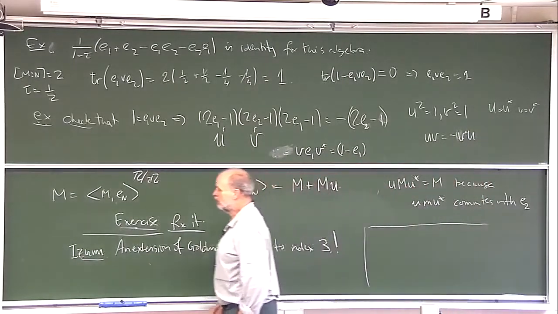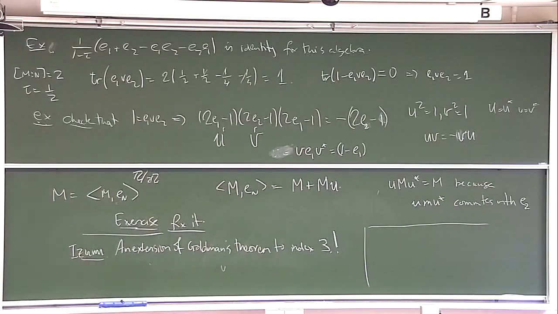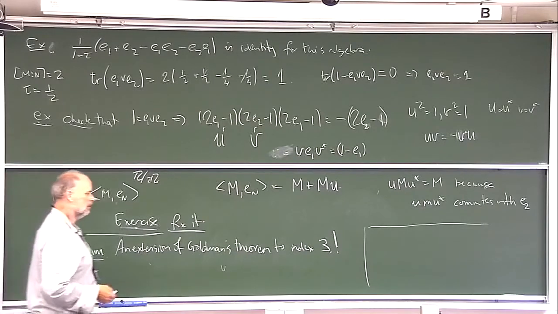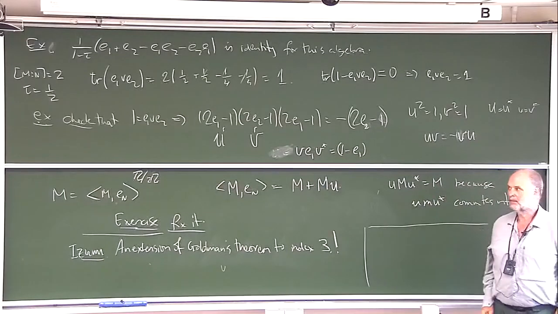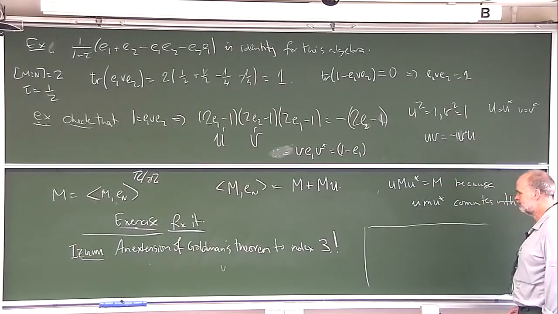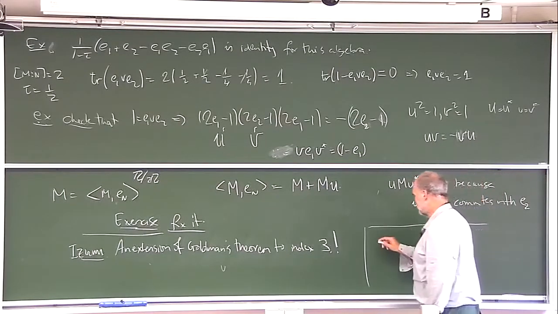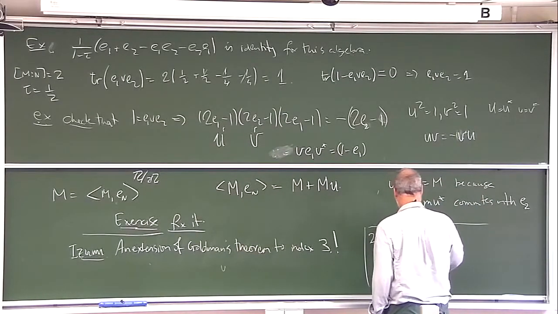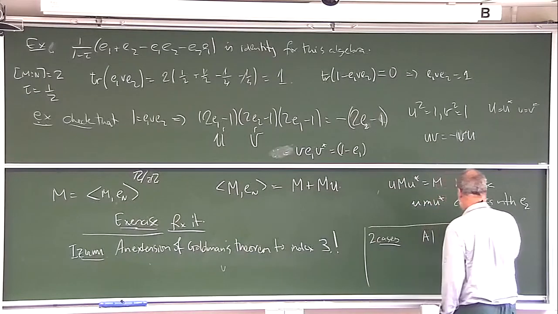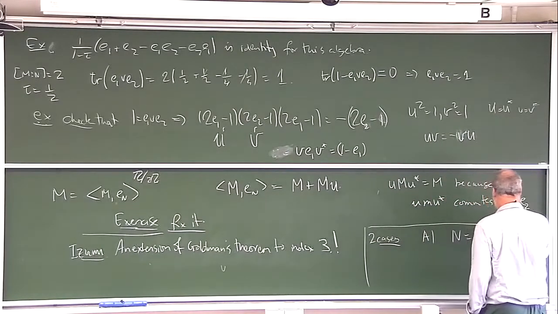Because as you know from group theory, there's two situations. If your group of index 3 is normal, then... okay. Let me just say there's two cases. A: N is the fixed points for Z/3Z.